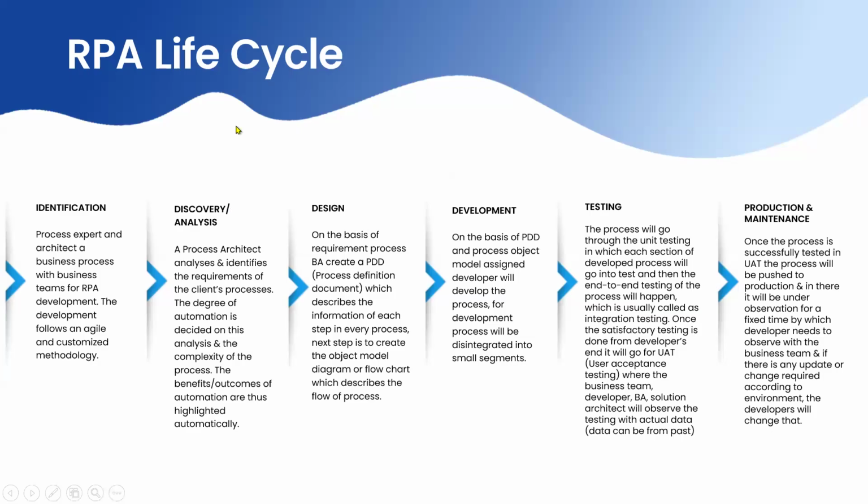If you start with identification, then discovery, and then in design, when the BA creates the PDD, they will wonder, where did this BA come from? So first you need to tell who the people involved in the process are, and then you need to start with the life cycle.